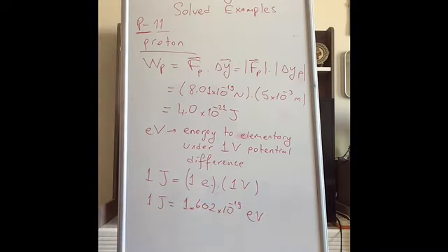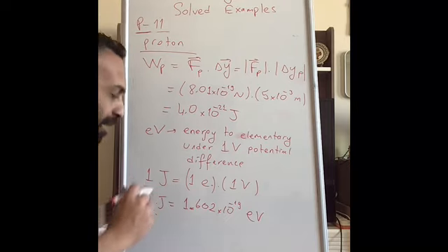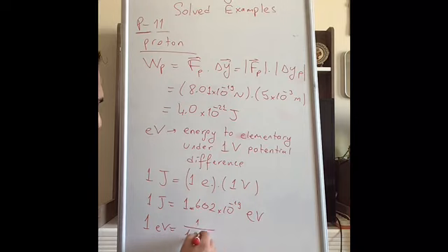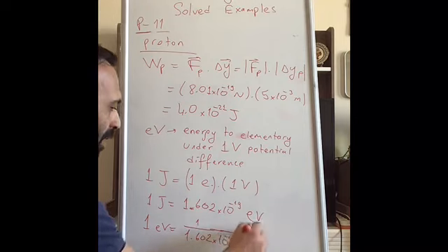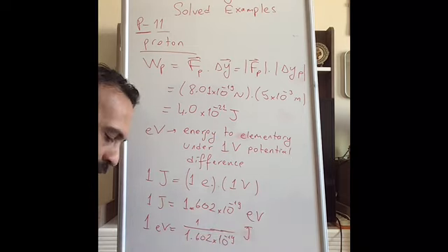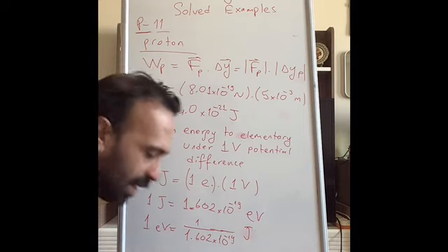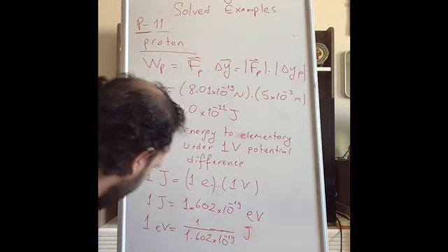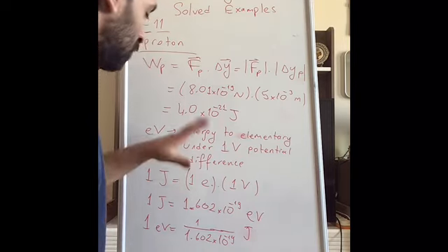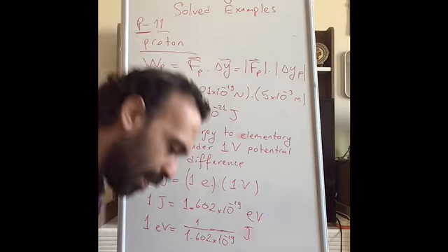We call it electron volt now. And from here, we can write 1 electron volt will be equal to 1.602 times 10 to minus 19 joule. Okay, so if you see this electron volt unit, you can use it. You can convert it to the joule by using this conversion.